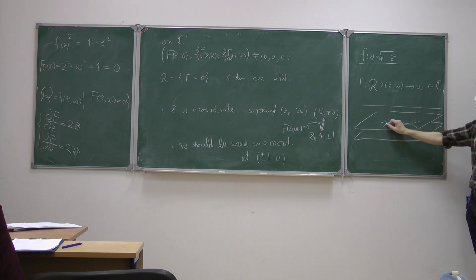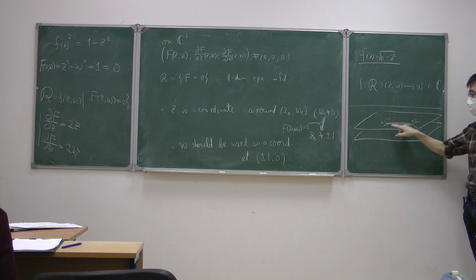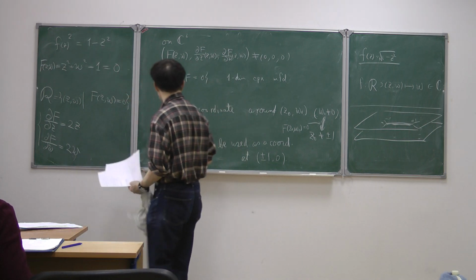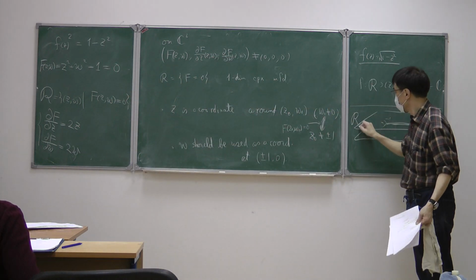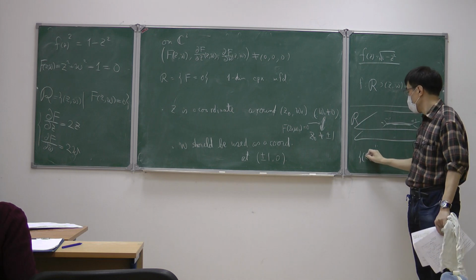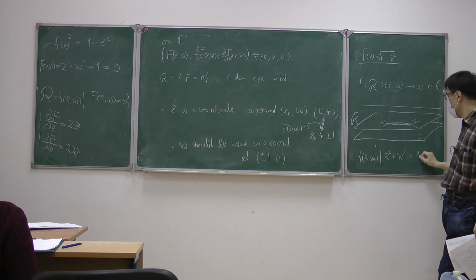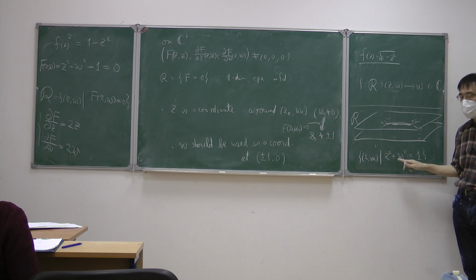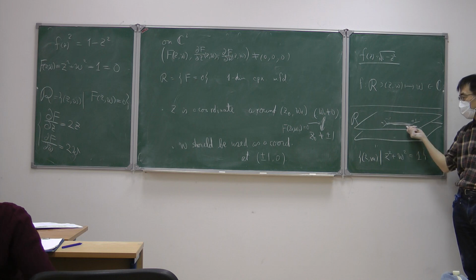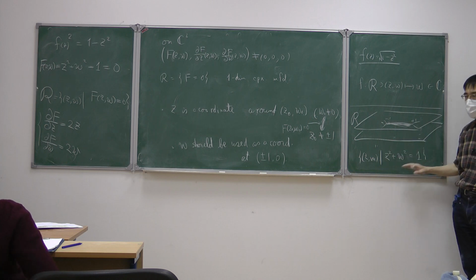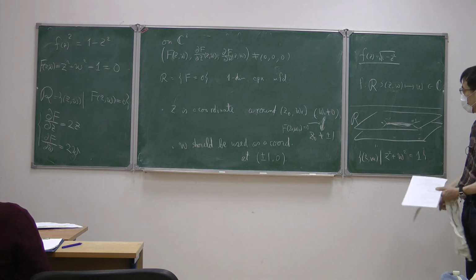Here, it seems that we have some intersection on this segment, but actually we do not, because this is such a set, and actually on this segment there are two z's and w's which satisfy this equation.